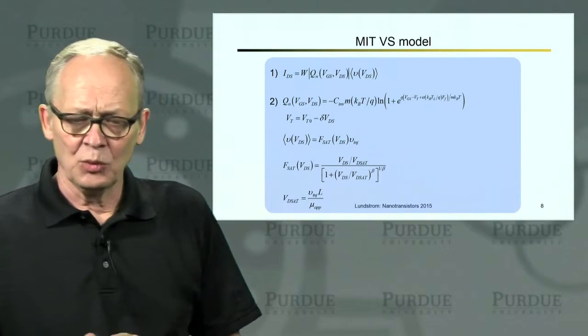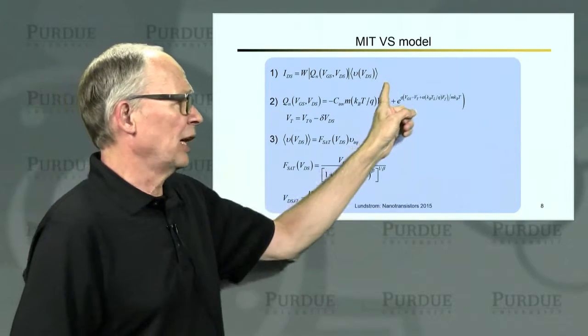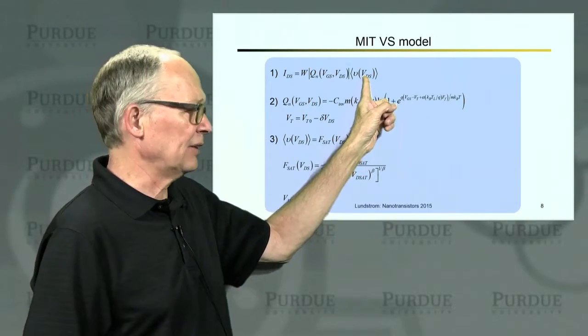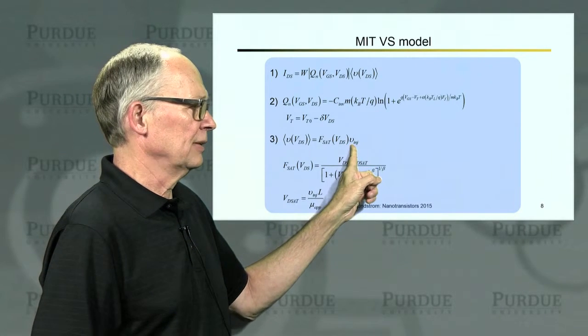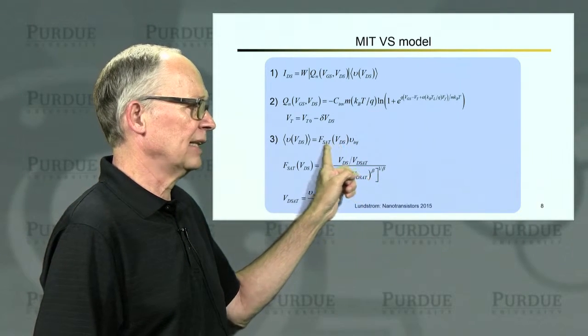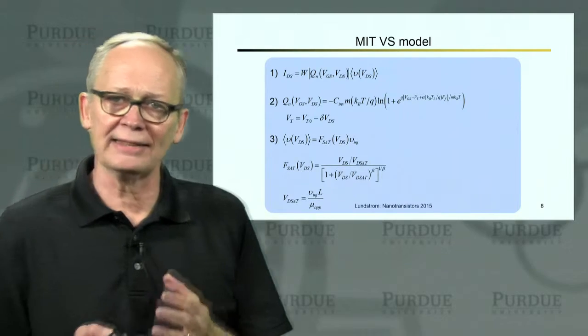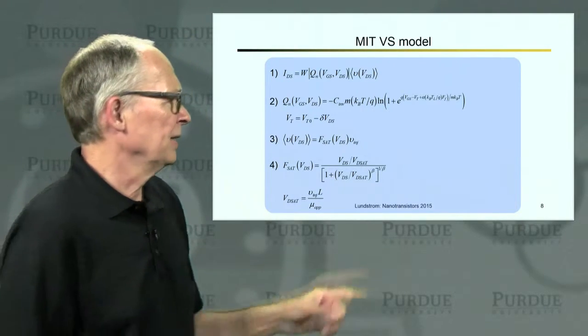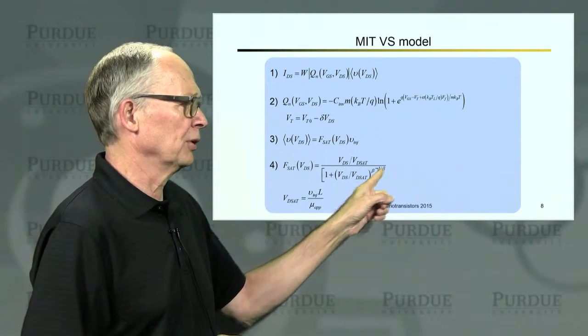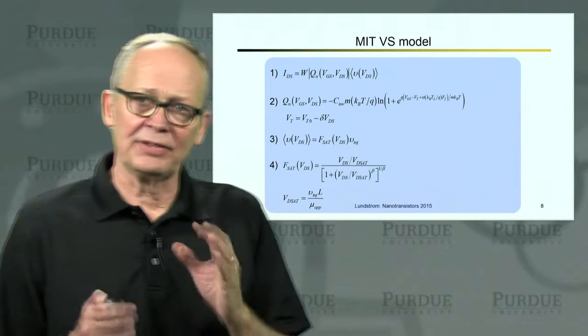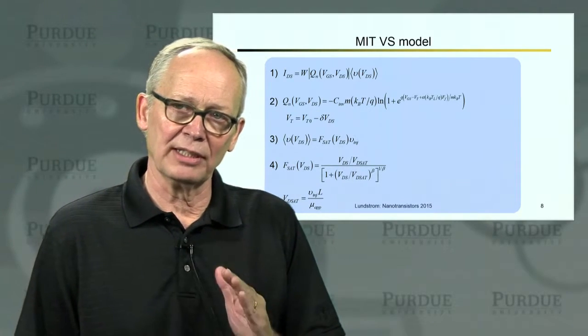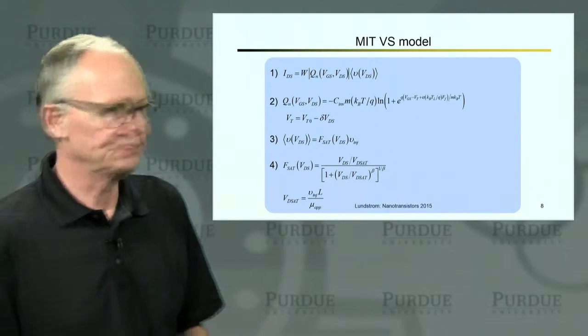We then describe the velocity of electrons at the virtual source by multiplying the injection velocity by this empirical drain saturation function. This empirical function with an empirical parameter beta is a function that smoothly takes us from the linear regime to the saturation regime.